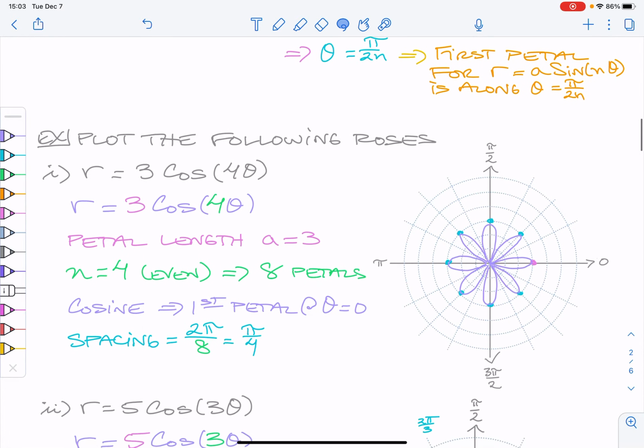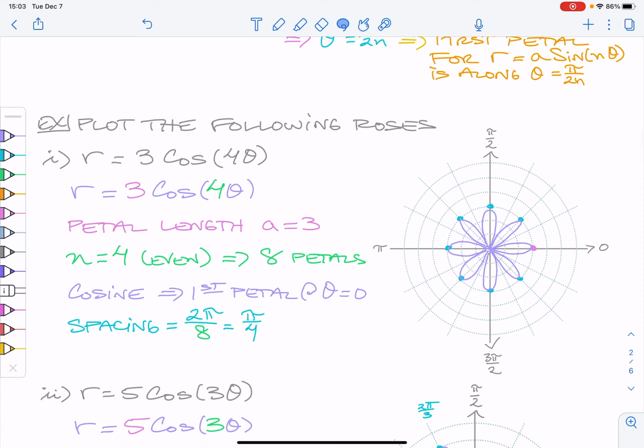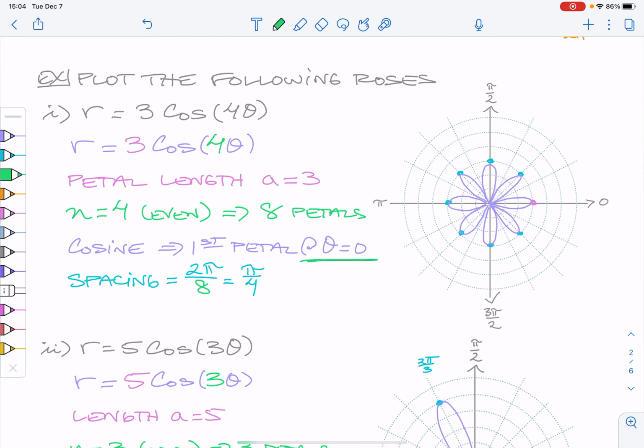So for example, if we plot r equals 3 cosine of 4 theta, we've got a petal length of 3, and we've got n equals 4, meaning we're going to have to double that because it's divisible by 2. The petal length is 3, and since it's cosine, the first petal is along theta equals 0.